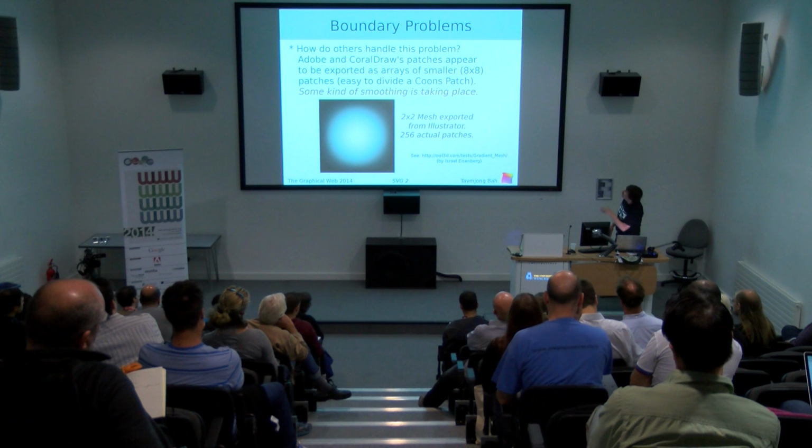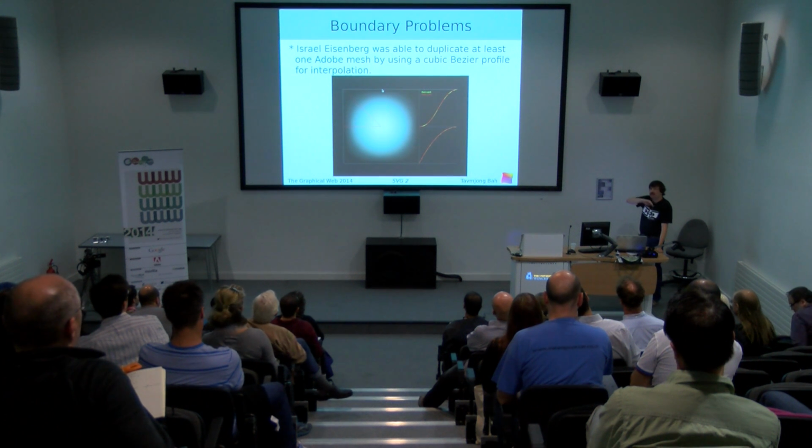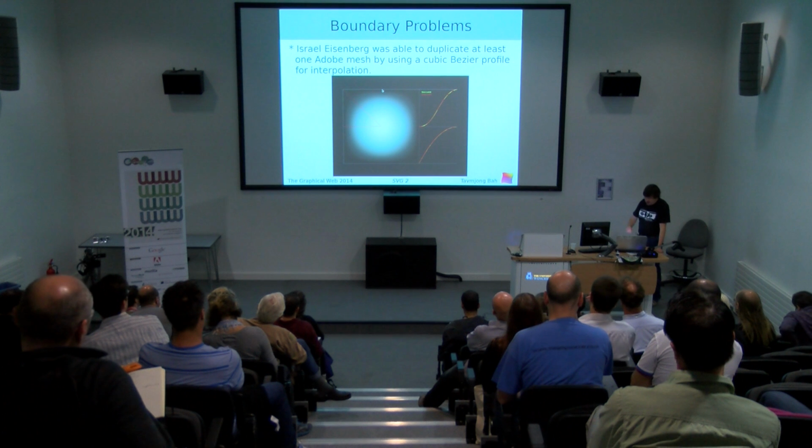They're actually using something a little more complicated, and we've pretty much figured out what they're doing. I would like to see SVG have something that specifies I want to use some kind of interpolation other than the default interpolation in order to get nice, smooth transitions.